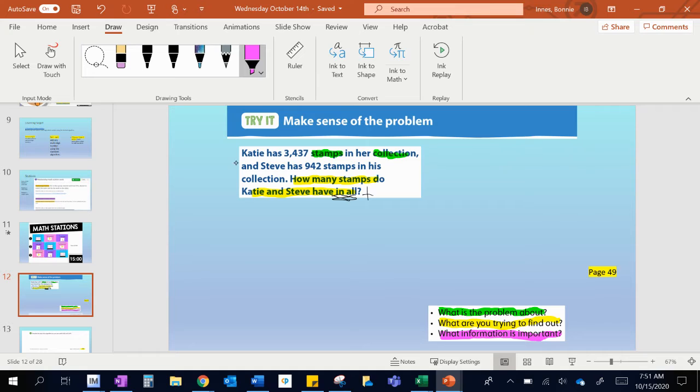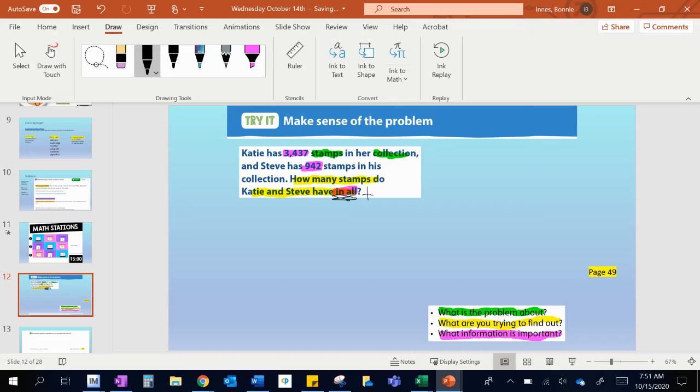Remember I circled that word all, or I underlined it? I'm going to highlight it again. In all is super important because I don't want to subtract instead of add. So this tells me I need to add. I also need to know my numbers. 3,437 stamps for one person and 942 for the other. All right, I have all the parts of my problem figured out now. Now I'm ready to work.